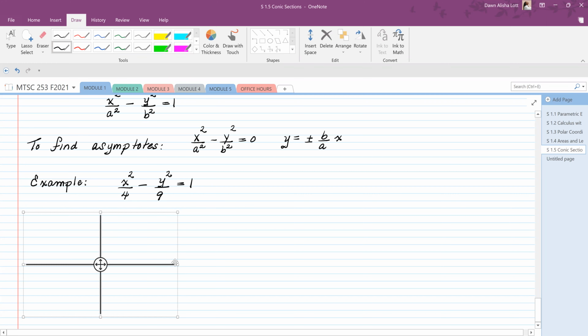All right, so a squared is 4, which says a is 2. So go to 2. And then b squared is 9. So that says b is 3. So go up 3 units and go down 3 units and make a box.